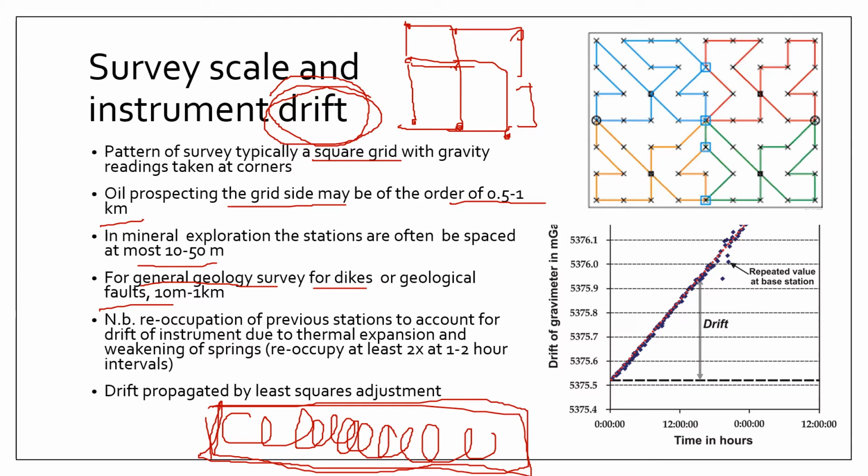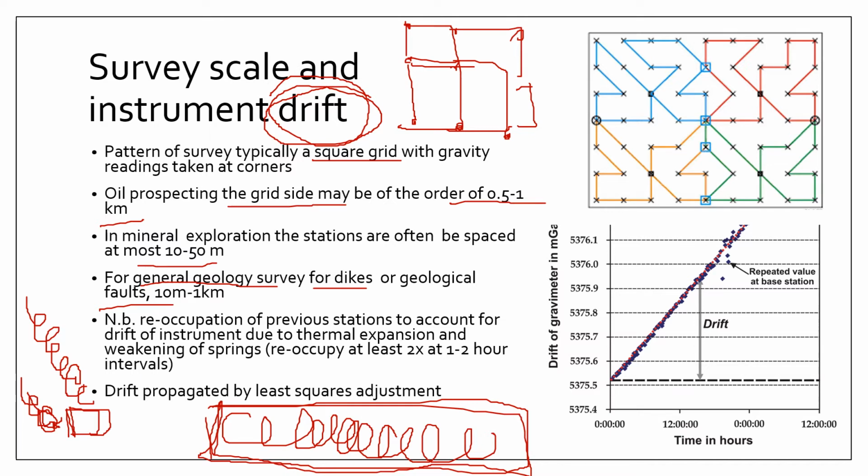Of course, you also have the constant tension caused by the weight. The weight is constantly trying to stretch out the spring, and little by little the spring will creep out. It will extend permanently, little by little, through time. And of course, those things affect the value that you get from your gravimeter.